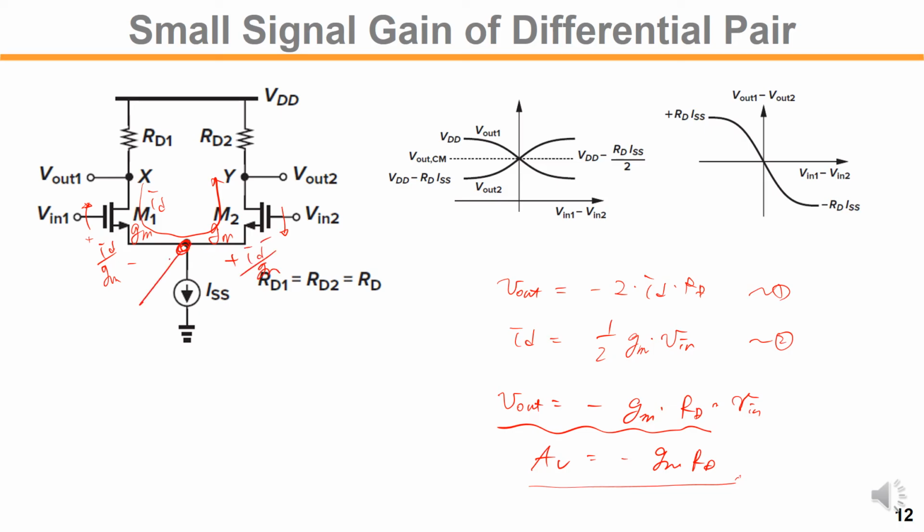So this voltage doesn't change. So the source node is AC ground, meaning no voltage change.